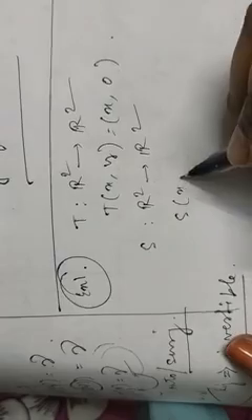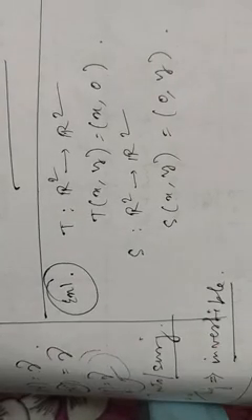Let T from R square to R square be defined by T of x, y equals x, 0, and S also from R square to R square be defined by S of x, y equals 0, y. Then describe the mappings ST and TS. Very easy problem. What will be the mappings? It is just the composition of two mappings that we have to find.